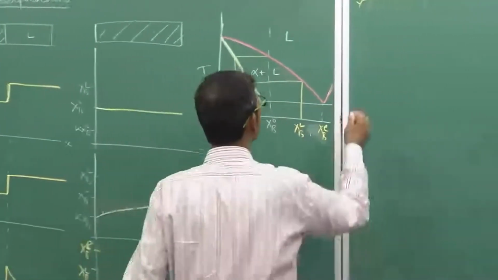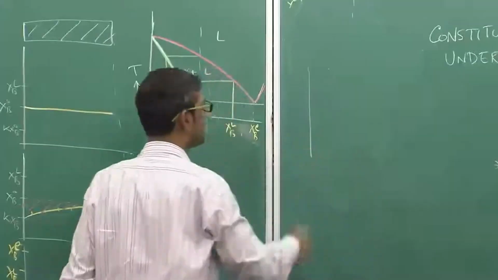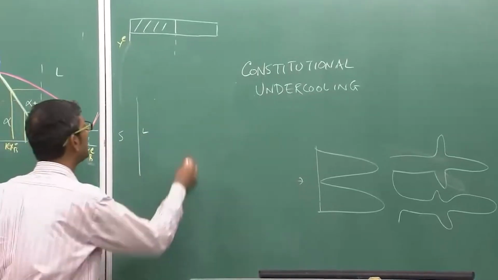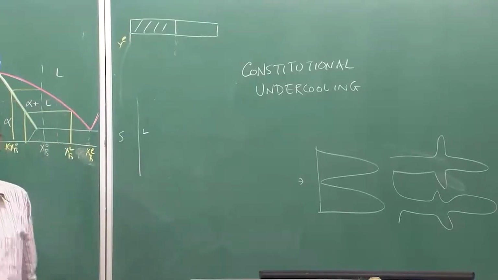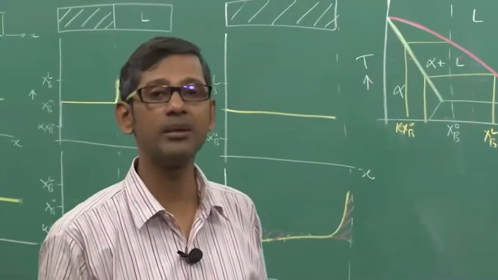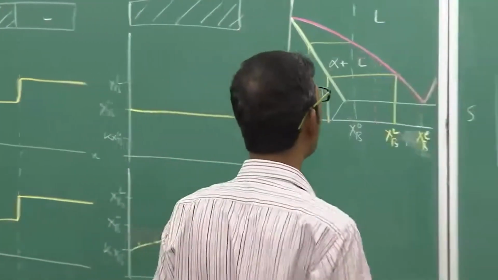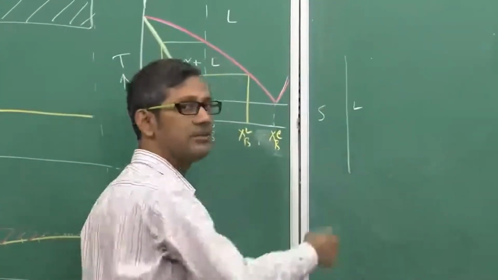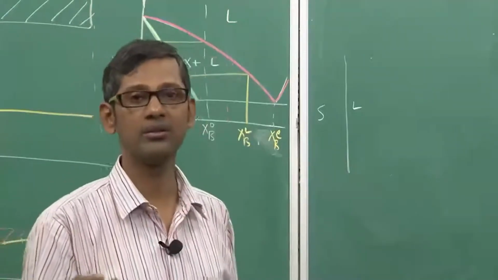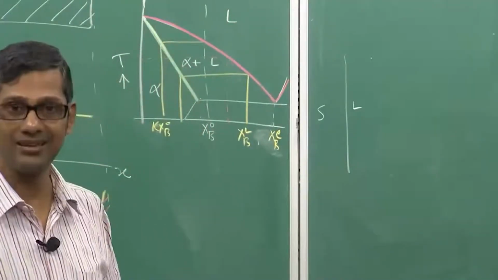simply think that I have a flat interface initially, this is solid, this is liquid, and there is always some fluctuation present in the interface in terms of temperature, in terms of composition. Temperature may not be uniform across the interface. The interface is microscopically not small, maybe the thickness is small, but the length is not small.